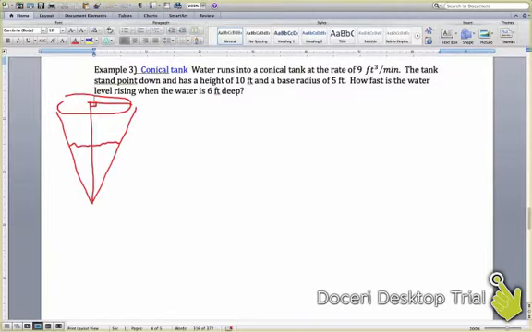Anytime you have cone problems, they're related by similar triangles. So from this picture, I have two different triangles that I'm looking at, and I'll show them more clearly.